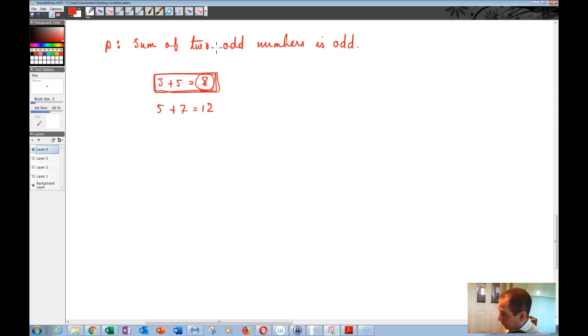Okay? And there are different stages in doing that. Okay? So here is a list of ingredients of a mathematical proof.